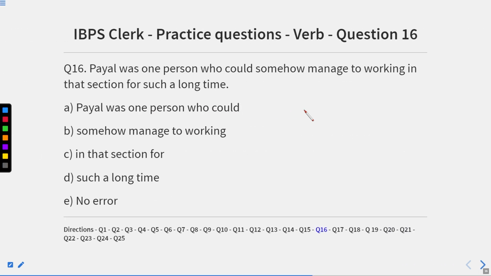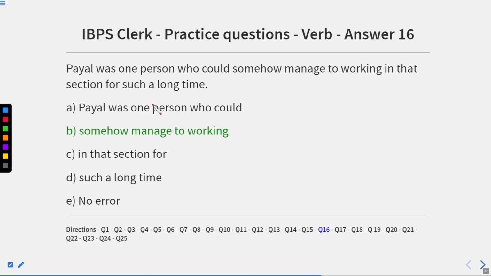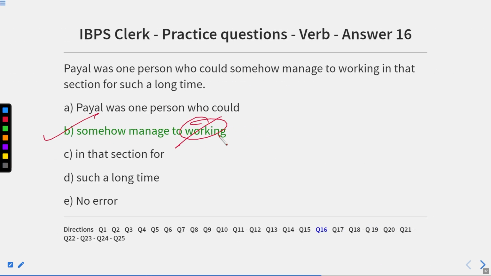Payal was one person who could somehow manage to working in that section for such a long time. As I told you before as well, after a preposition we can only use verb with ing except to, because after to we can only have verb first form, that is infinitive. So here this working is incorrect, it should be replaced with work. So our error is on part B, where this working should be replaced with work, that is to work.